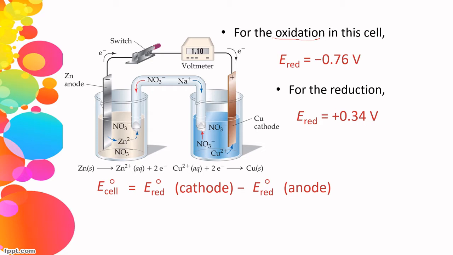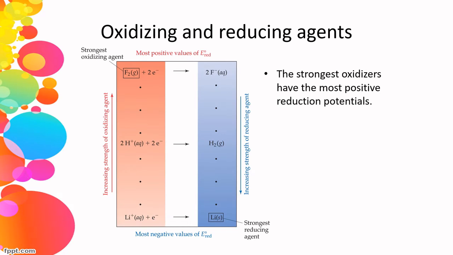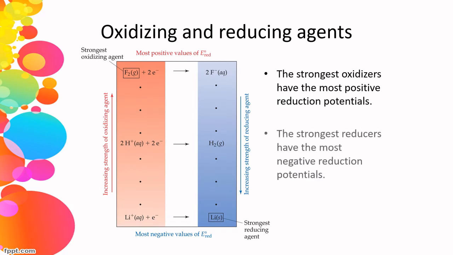So when we want to calculate the E naught cell, we use the formula E naught reduction of the cathode minus E naught reduction of the anode, and we get 0.34 minus negative 0.76, which gives plus 1.10 volt.